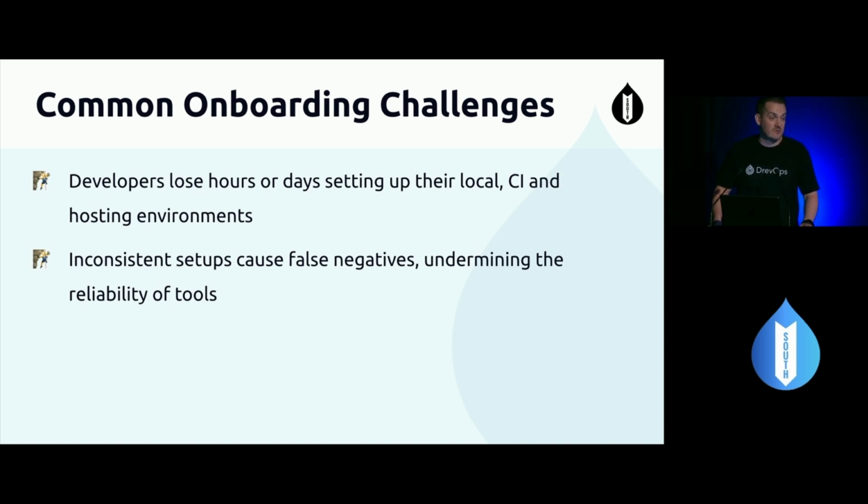Another one is that once you have set it all up, the setup could be inconsistent, meaning that you could have false positives. A false positive is, for example, when you have a CI pipeline that you expect to fail on test failures, but it doesn't. And what happens is you could deploy things and go to release thinking everything is working, but it actually doesn't.